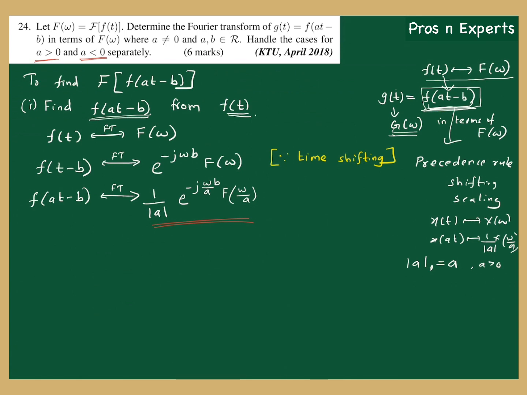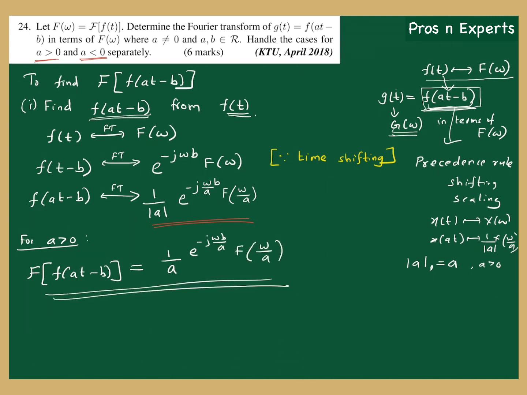So for a greater than 0, I can write the Fourier transform of f of at minus b as 1 by a, because mod a equals a, e raised to minus j omega b by a into F of omega by a. This is one answer for a greater than 0 case.